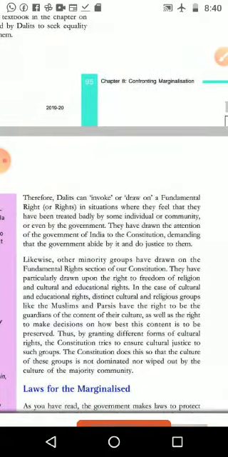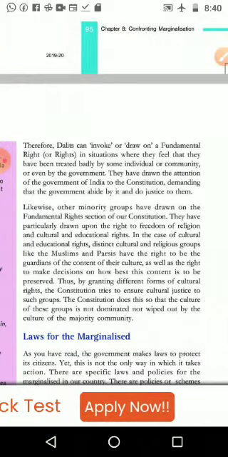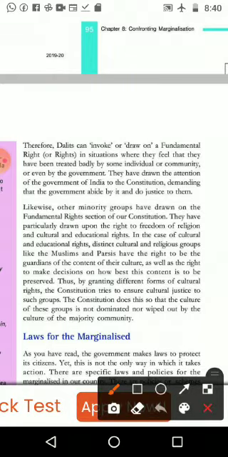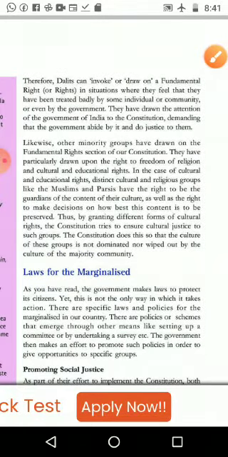Therefore, Dalits can invoke or draw on fundamental rights in a situation where they feel they have been treated badly by some individual or community. Whether it is really existing or not, that's not the matter. Where they feel they are treated badly by some individual or a community or even by a government, then they can go and complain in front of the court.